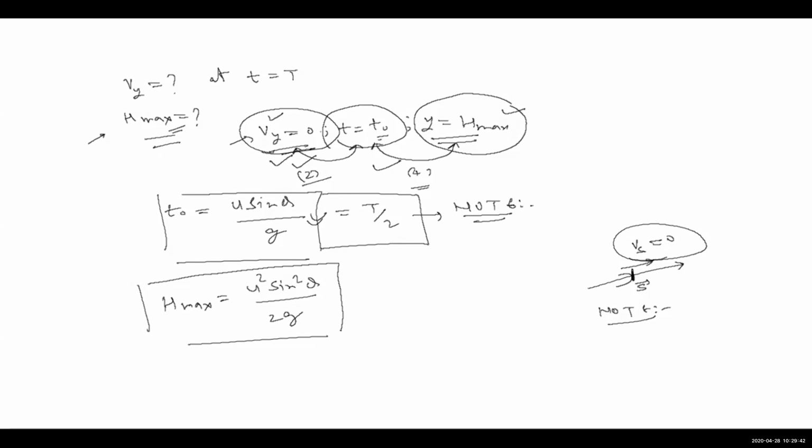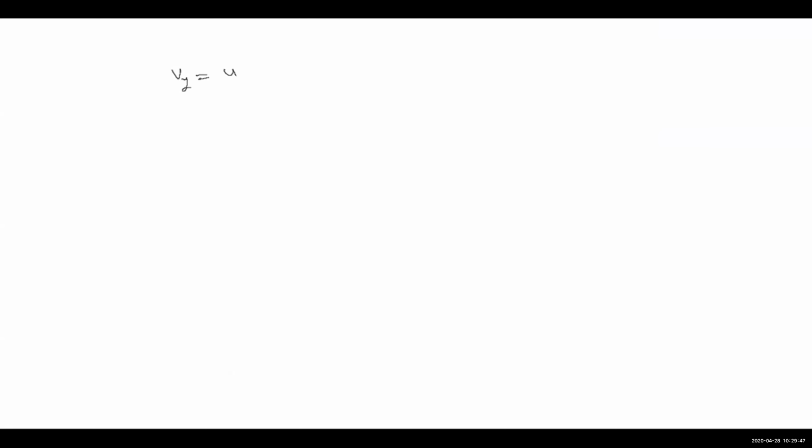I'll be solving now, okay? Equation 2 is Vy equals Uy plus Ay t. So I'll put the condition Vy 0 and the time is t naught. I'll put this condition to get the time when the height will be maximum.